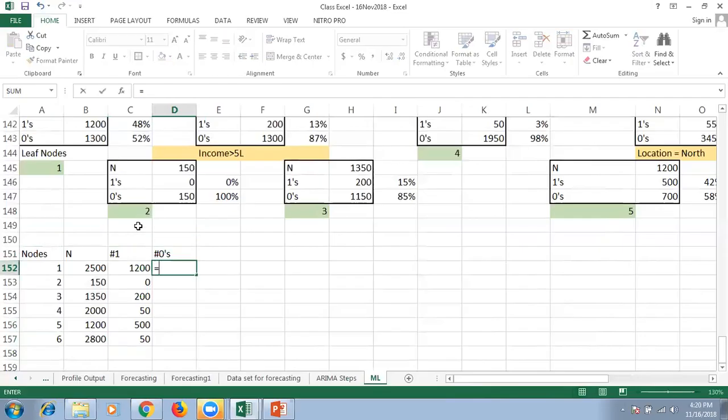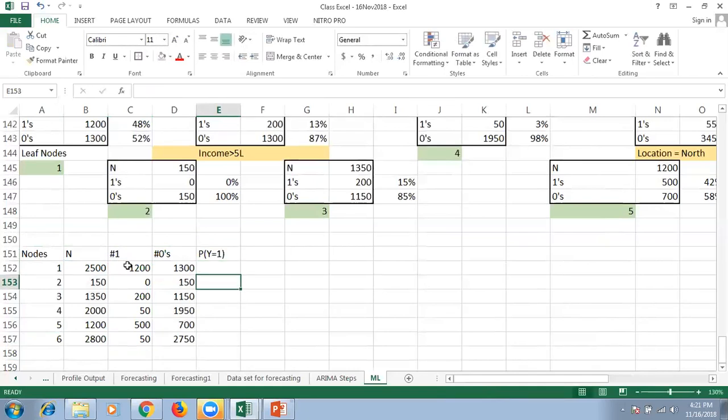Total minus ones approximately. And the percentage, I mean the P, is nothing but the probability of y equal to 1, right? So what is the probability here? 1200 by 2500. So this is my probability, I mean whatever I got is the 0 probability and 1 probability.